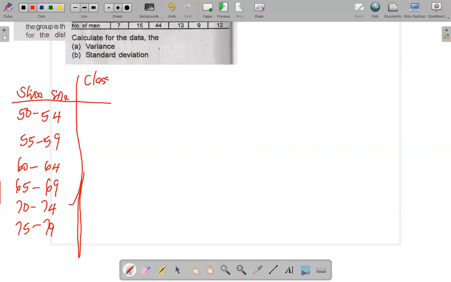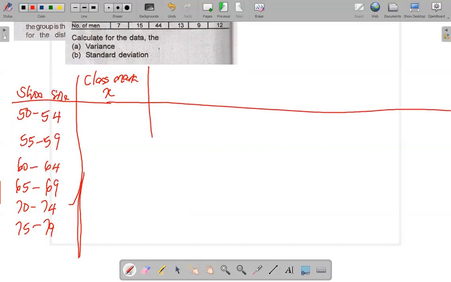Here, we need to get the class mark. The class mark is what we use as X. Like I said earlier, class mark is obtained by adding the lower and upper limits, then dividing the result by 2. So 50 plus 54 is 104, divided by 2 is 52.